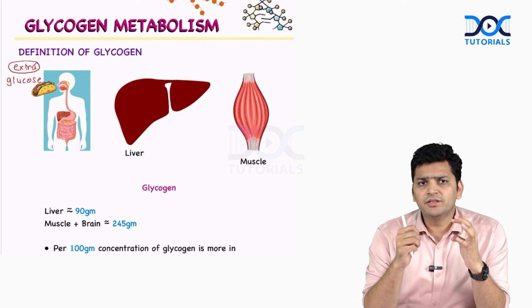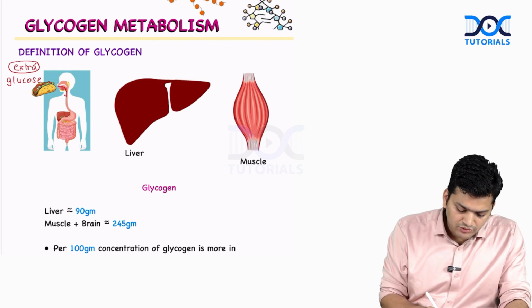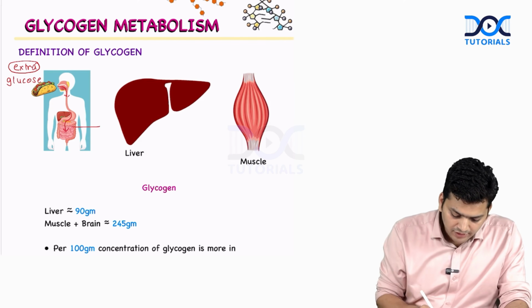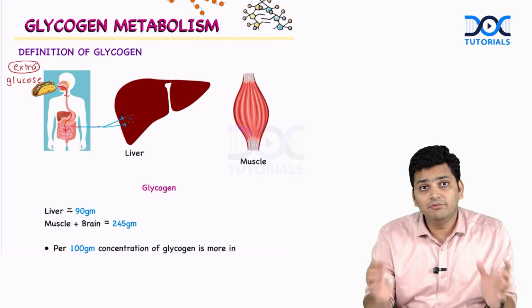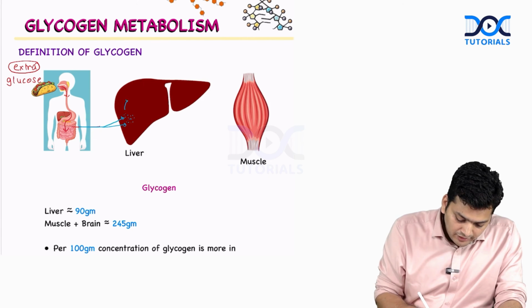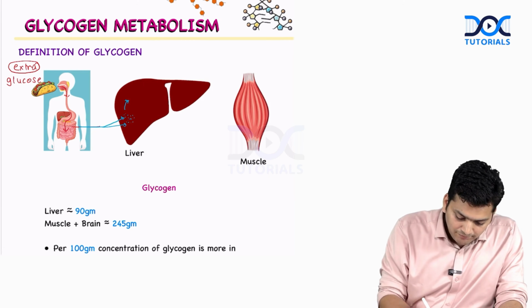What the liver will do is, whatever extra glucose you are consuming, all these glucose molecules will reach your liver, and the liver will say, okay, these are the extra glucose molecules which are coming, and the liver will start conserving them. So in the liver we have a special protein.